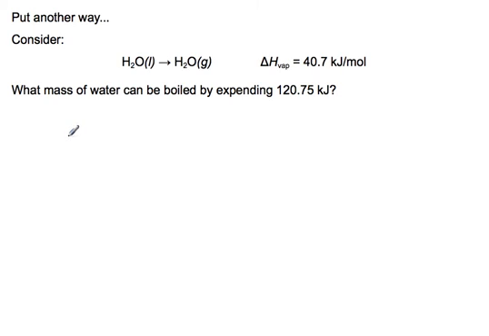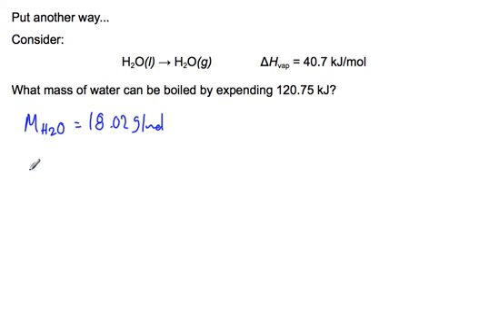In this case, we're coming at it from the other side. We're asked for a mass of water, and just like I told you last year, if you're asked for a mass, you should always consider that you're going to have to use the molar mass at some stage. The molar mass of water is 18.02 grams per mole.